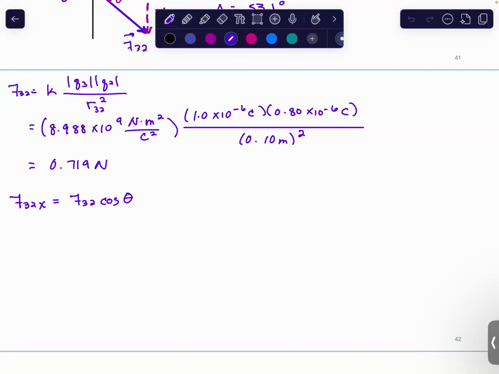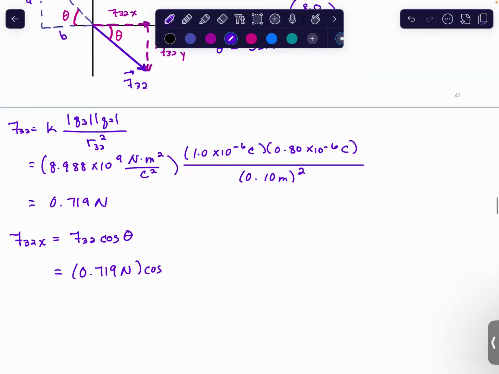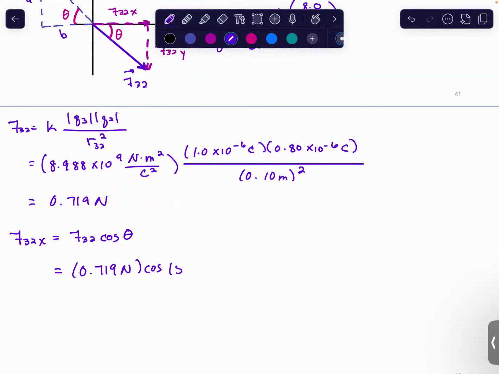Okay, so we already have the magnitude of F32. So we're going to go ahead and figure out the component F32X. We figured out the angle last time, so it's going to be 53.1 degrees.